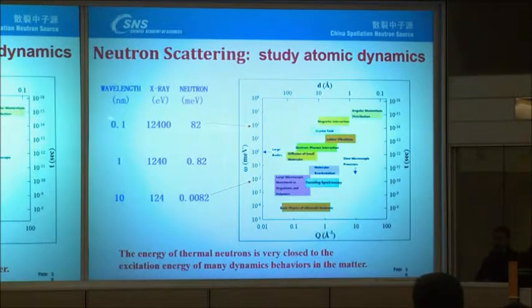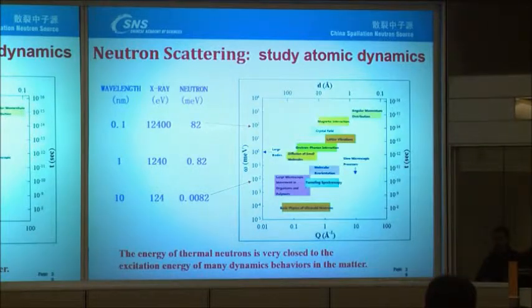the wavelengths of the X-ray and the neutron, and the energy of the neutron and the X-ray. So you can find the X-ray with the same wavelength, actually the energy is too high compared with the dynamic process in the matter.